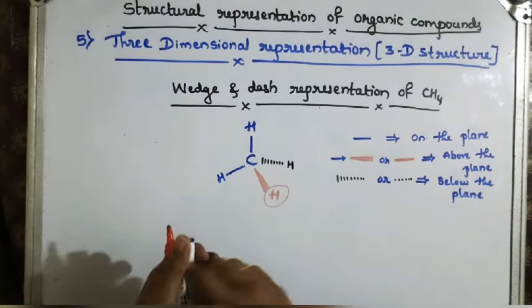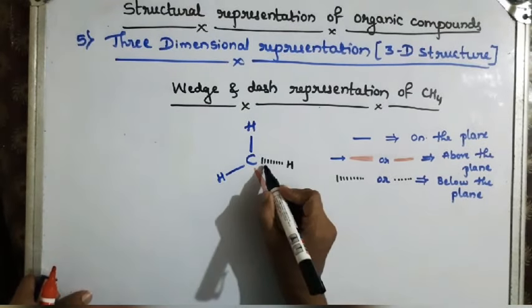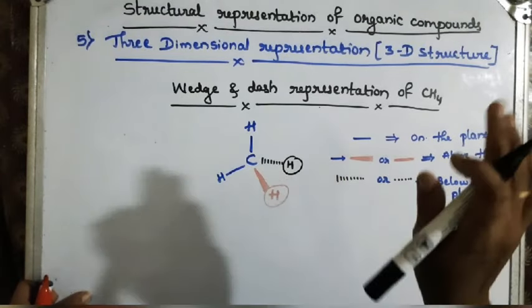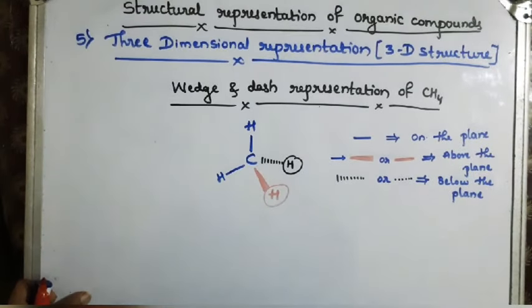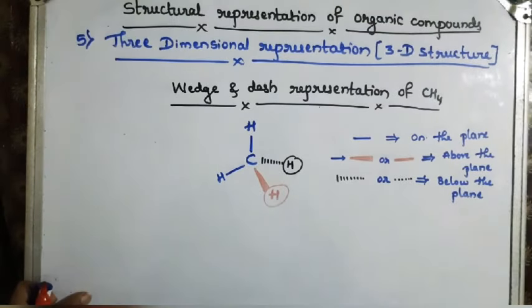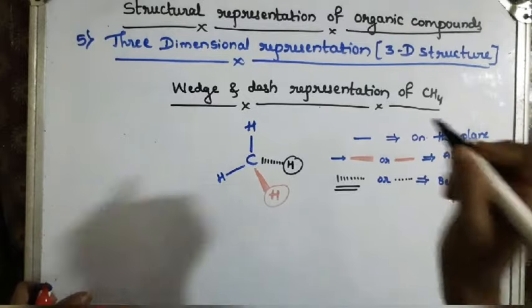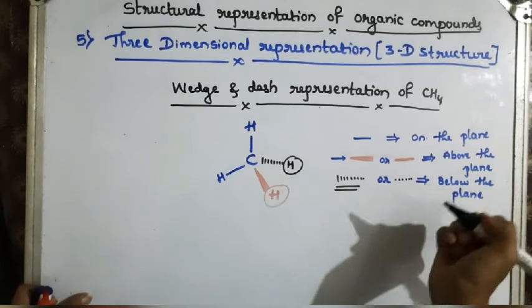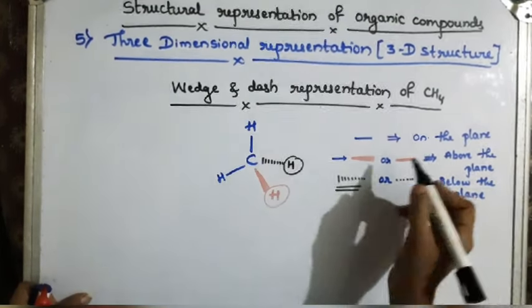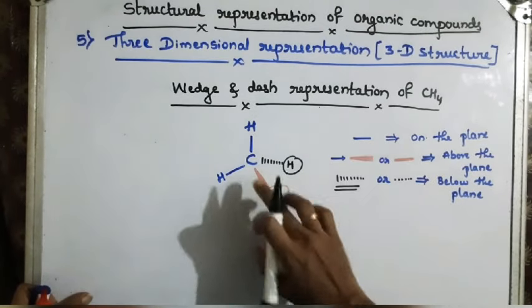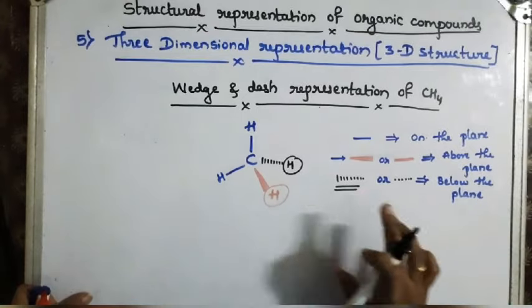And the one which has a dotted line or dashed wedge is considered as the hydrogen which is below the plane. To show the atoms which are present below the plane, we use this kind of bonding, and to show the atoms which are above the plane, we use this solid wedge representation, and for those on the same plane, we use normal lines.